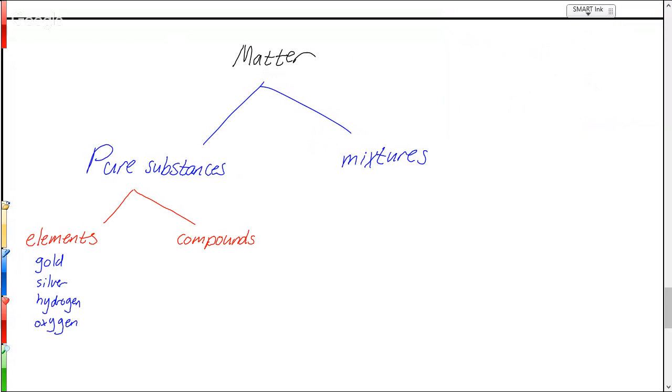Compounds is where we start to get a little bit trickier, because compounds are still pure substances, but they're made of multiple elements. Like water.